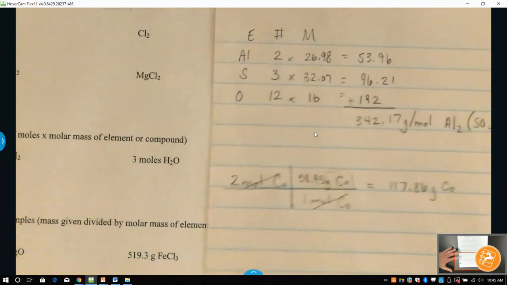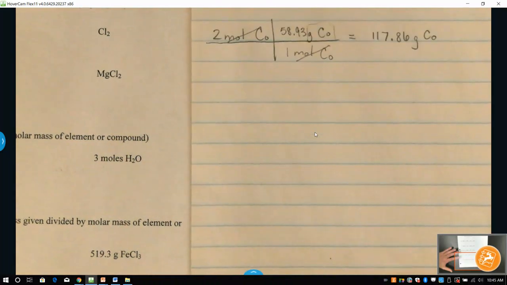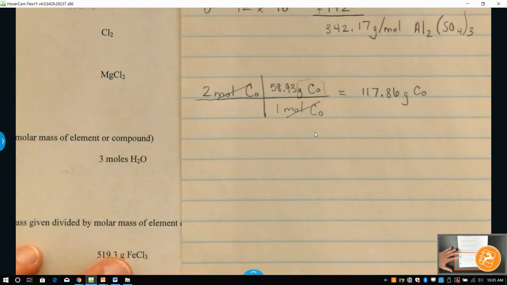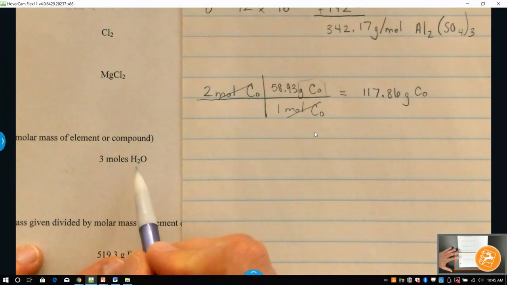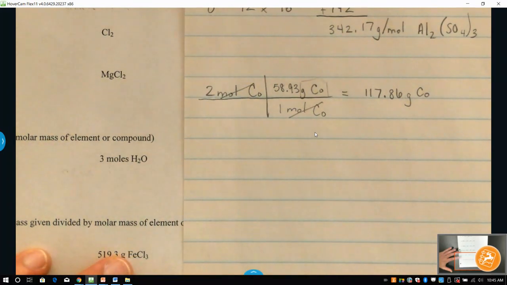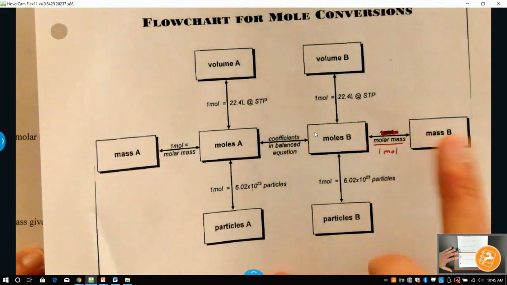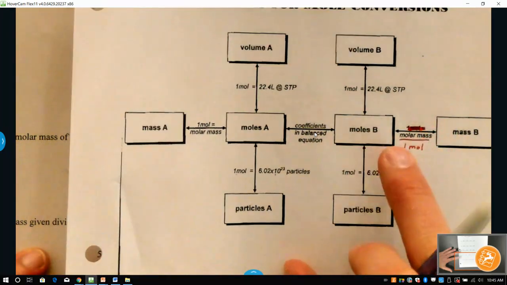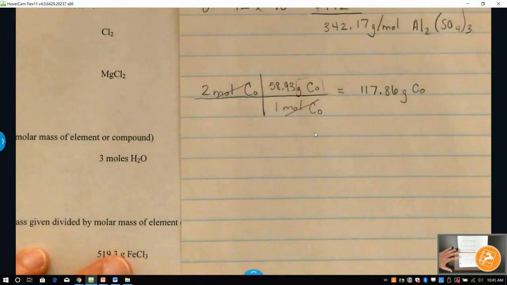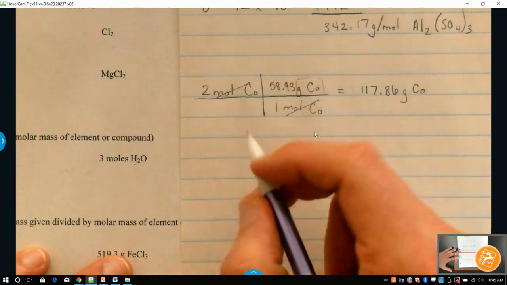Easy enough. But what happens when it's not just one element and we have a compound like H2O? Again, the conversion factor says we have to go from moles given to the mass, so the molar mass needs to be on top. So we need the molar mass of H2O.